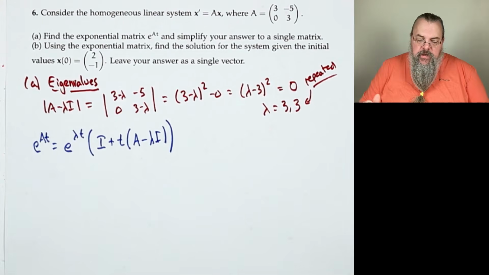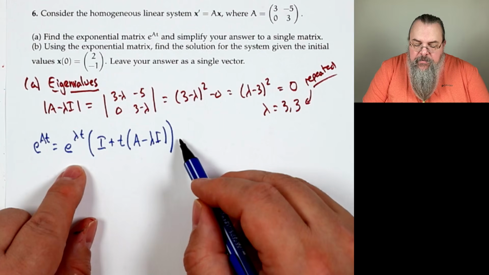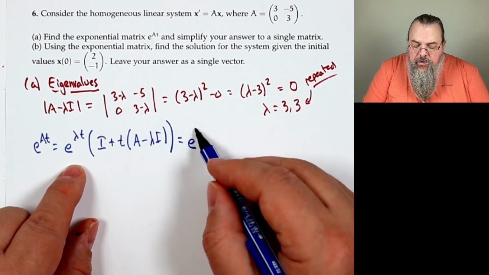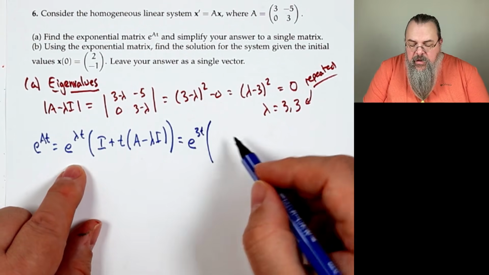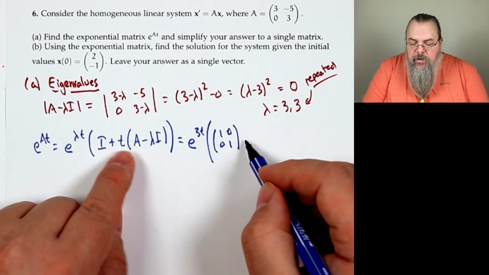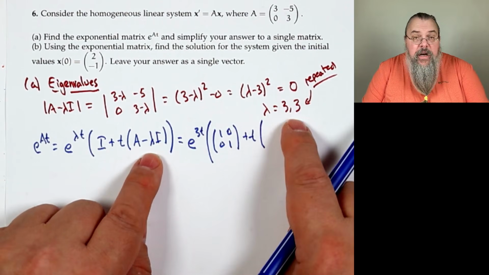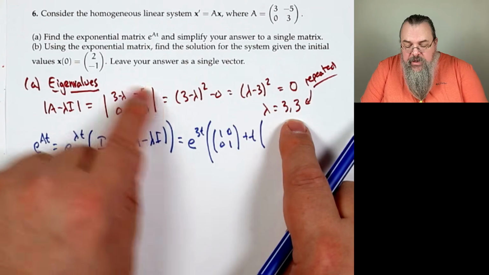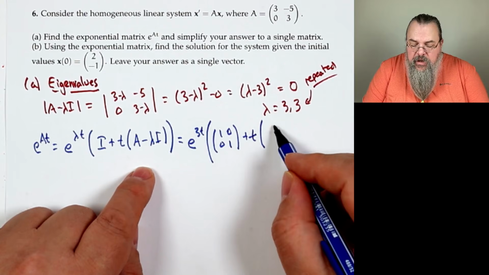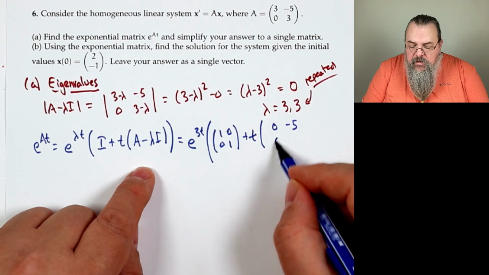So now we just put in what we have. Lambda is 3, so we get e to the 3t times the identity [1, 0; 0, 1] plus t times A minus lambda I. Here's A minus lambda I in general. We just put in lambda equals 3, and that would be [0, -5; 0, 0].